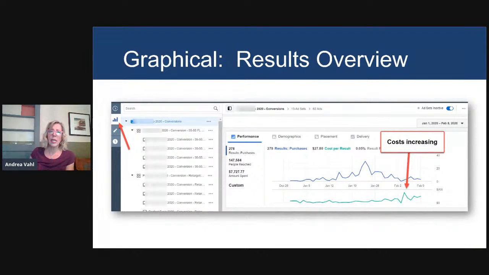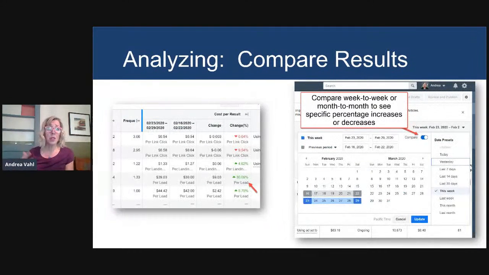You can also see a graphical results to see kind of how the trend is going. And that's by pulling up that chart. And now you can see that your costs are increasing. You can kind of mouse over that chart and take a look at what's happening with that over an extended period of time. And then the other thing you can do is compare your results like week to week and month to month.